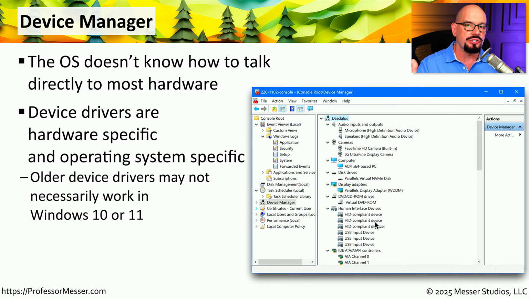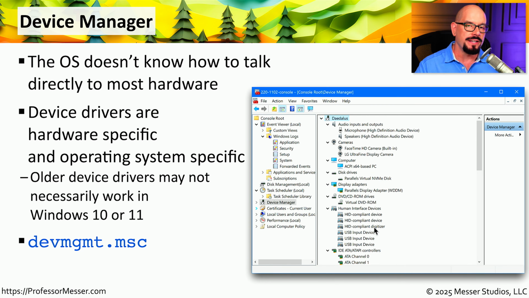Generally, the drivers that you'll find inside of this list have been created specifically for the operating system that you're using. So if you're running Windows 10, these will be Windows 10 device drivers. If you're using Windows 11, these are probably Windows 11 device drivers. There might be some situations where a device driver has been specifically written to work across multiple operating systems, but most of the time you're downloading and installing a device driver that is specific to this operating system.